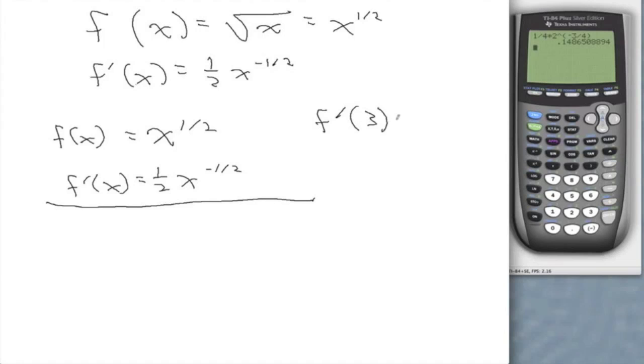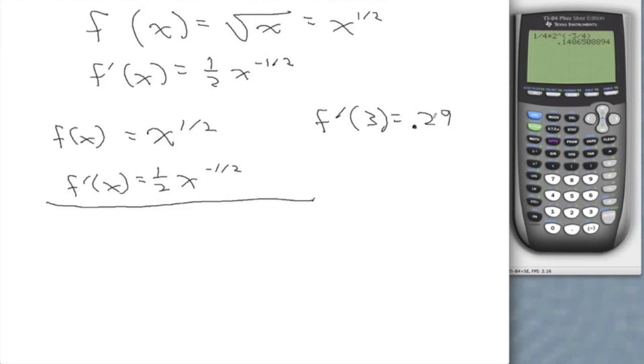So let's now try this. All right, I plug that in my calculator and I get 0.28867.